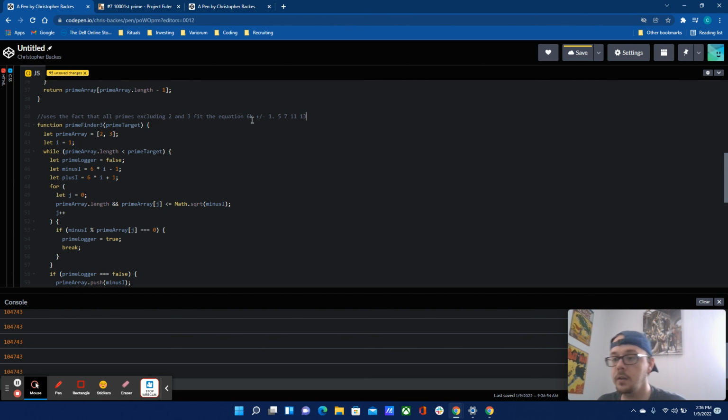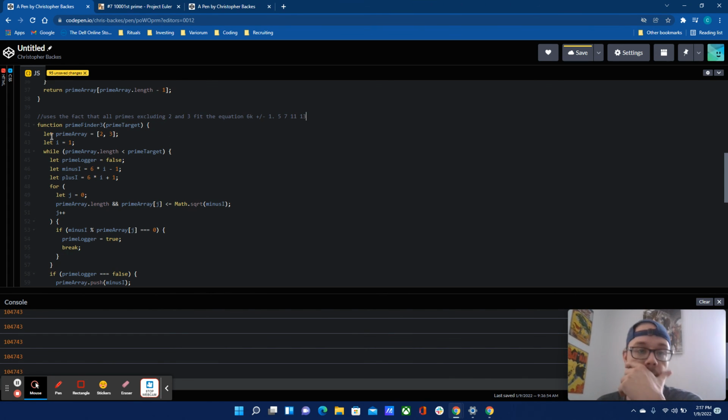And because it is multiplying by 6, that number is also divisible by 3. Well, if a number is divisible by 3 and you add 1 or subtract 1, it's no longer going to be divisible by 3. So it's returning odd numbers that are guaranteed not to be divisible by 3, and it's returning them in sets of 2. Well, every third odd number is divisible by 3. So that's how it's doing it.